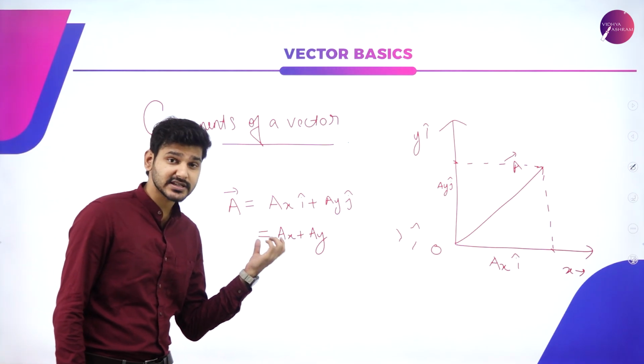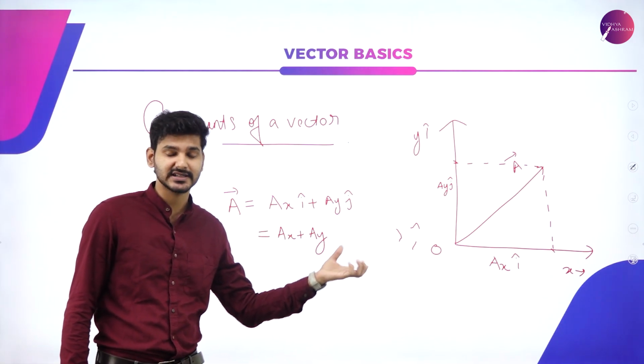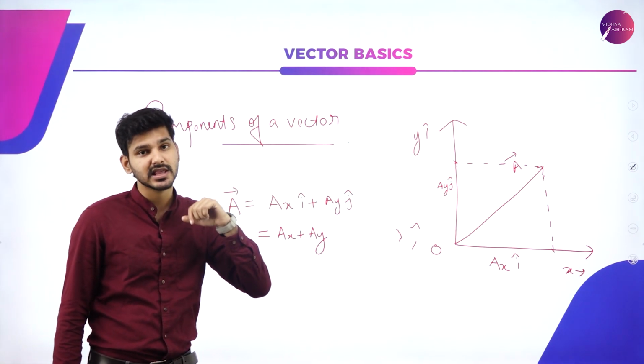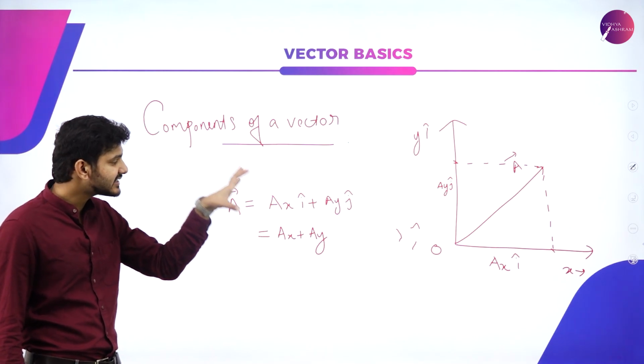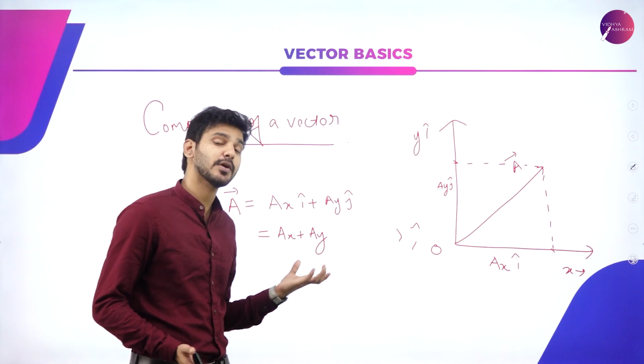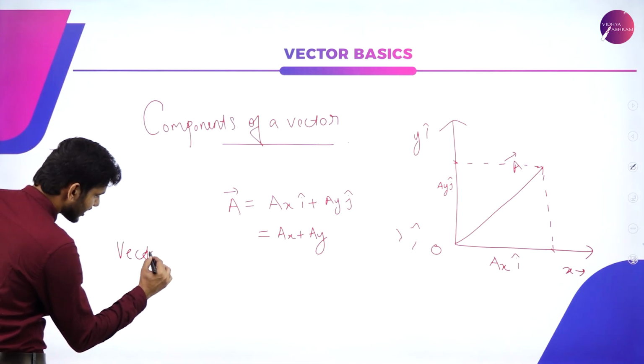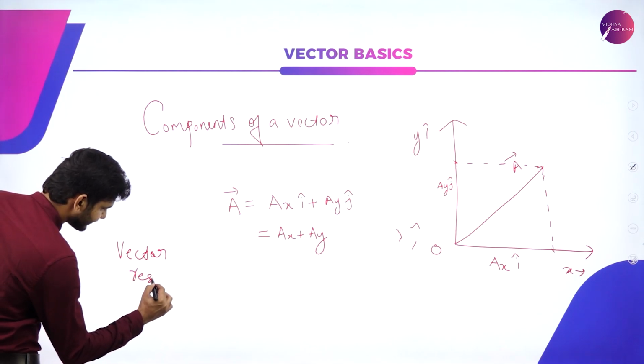So if a vector can be represented using its components, that is in the x and y plane, then we can say that these are the components of a vector, or simply this process is known as vector resolution.